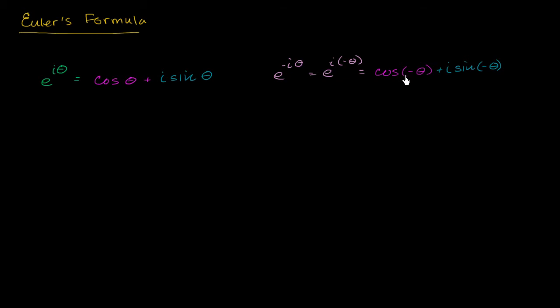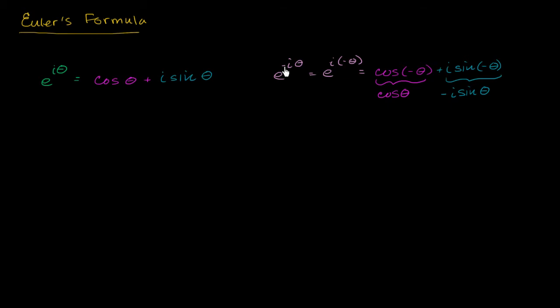Well, cosine of negative theta is the same thing as cosine of theta. And sine of negative theta is the same thing as negative sine of theta. So this whole thing simplifies to negative i sine of theta.